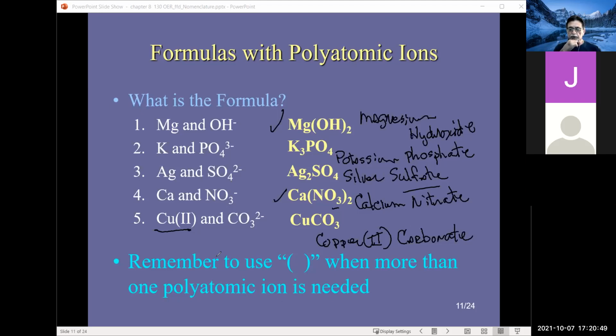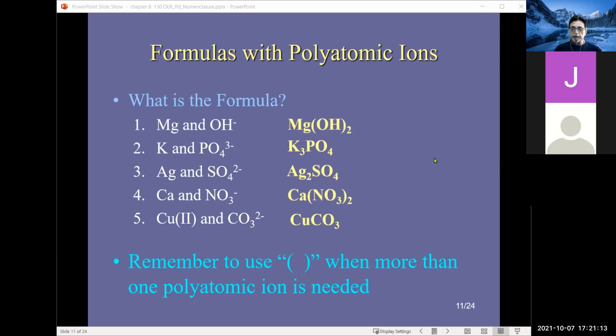We use Roman numerals to distinguish, and that is governed by an international body of scientists and organization that looks at the names of compounds. It's called the IUPAC organization, and everyone agrees that this is the name of this compound and this is the name of that compound, and there's no ambiguity. There used to be a lot of ambiguity in the naming. Everybody was naming things differently.